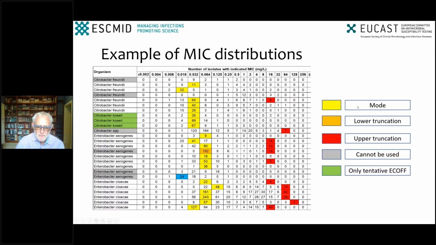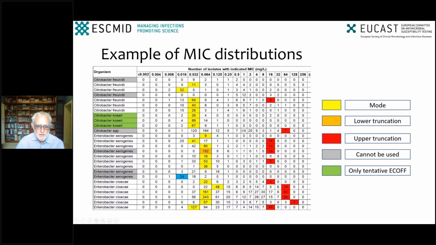And as you can see, we've coded these distributions as to whether there are any particular issues. You can see a line here, Enterobacter aerogenes, with an orange cell. It's clear this MIC distribution has been truncated at 0.06 milligrams per litre.